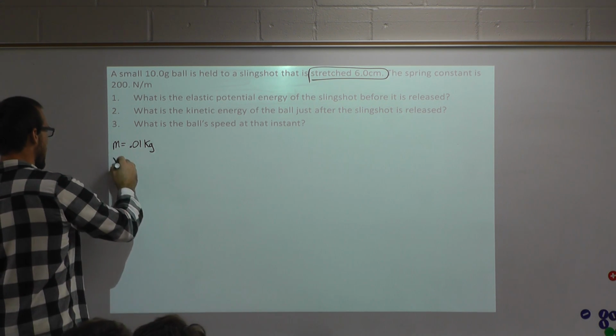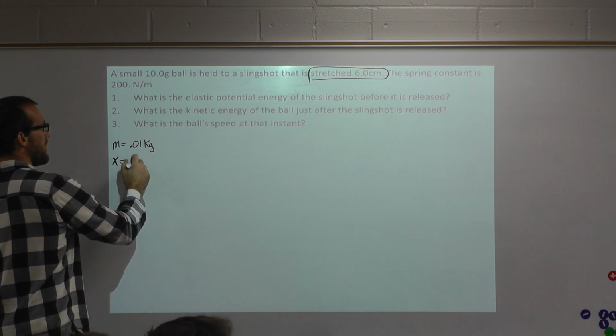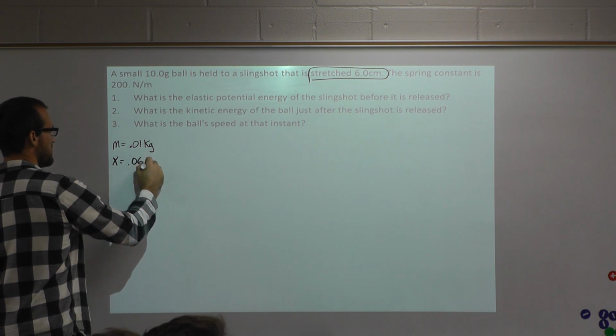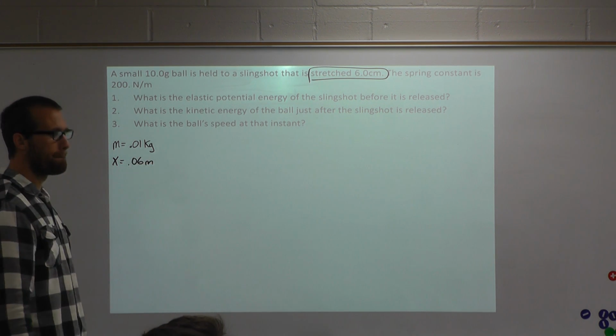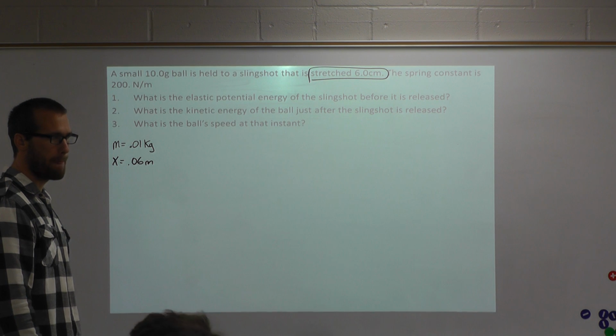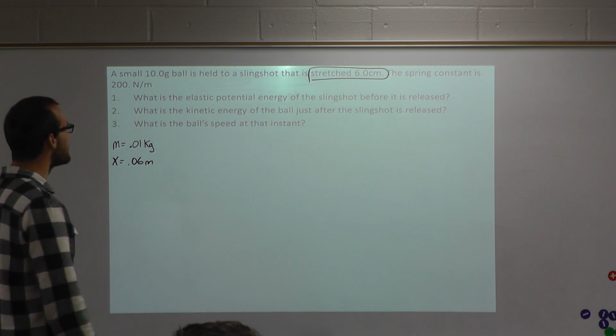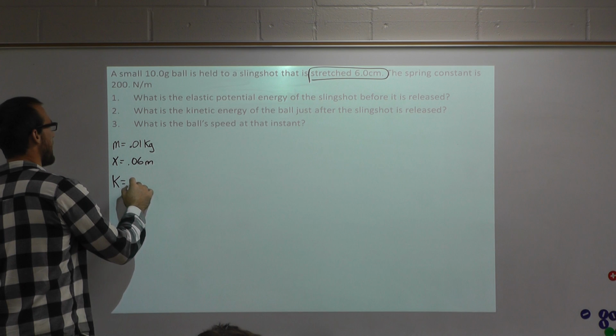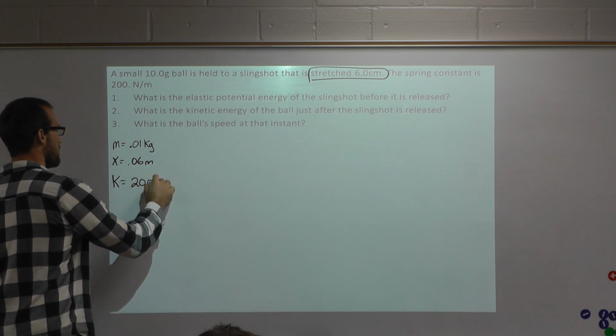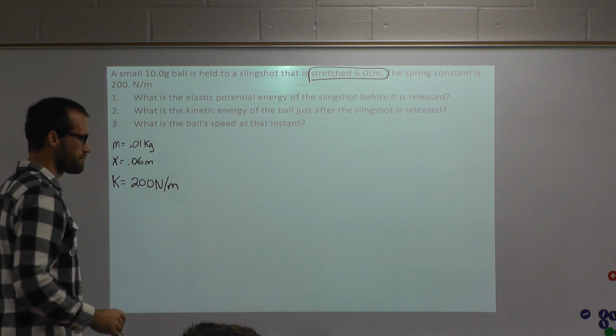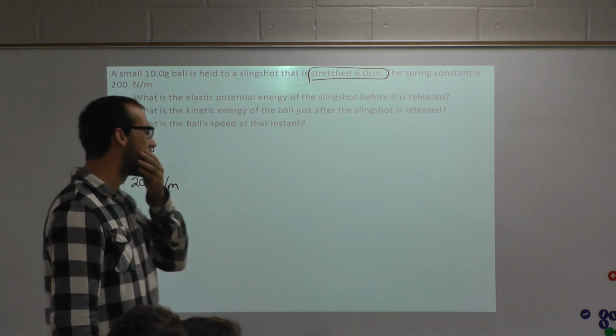They made it easy for us. We need to take that and convert it into meters, 0.006. Oh, it's centimeters, never mind, 0.06. And then they gave us the spring constant, 200 newtons per meter.